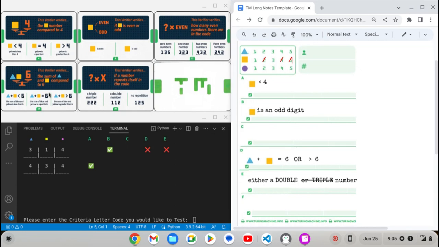So instead of testing D, let me test C to see how many evens there are. Okay, there are 2 evens, since that's what my proposal has. So that is C, so let me type that up. So there are 2 evens.